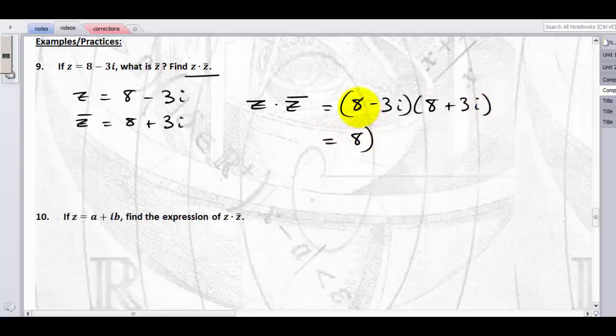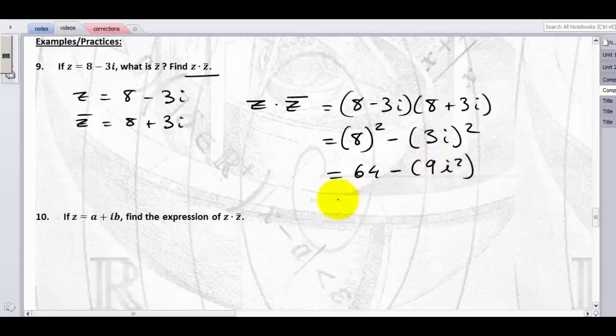This is a minus b times a plus b, or I should say x minus y times x plus y, which is x squared minus y squared. Now this is going to be 64, but here you have minus, and 3i squared is 9i squared, and i squared is negative 1.